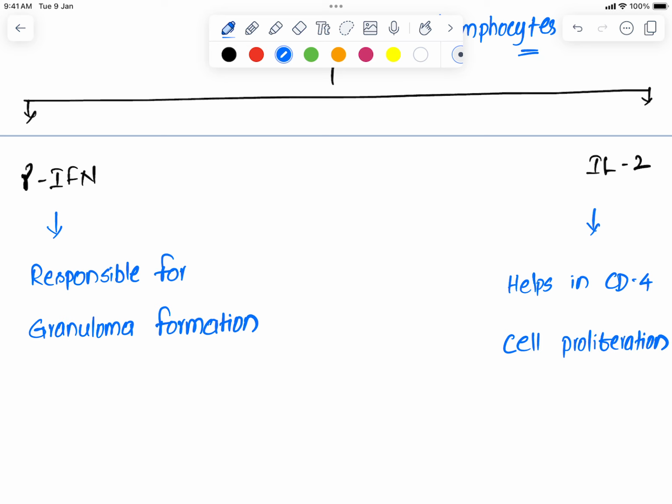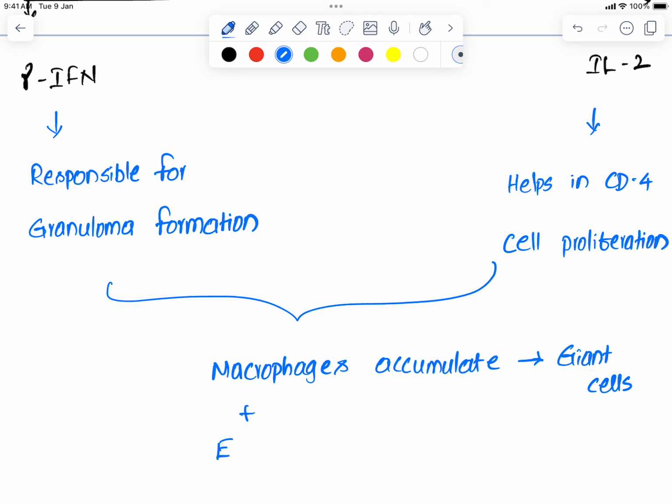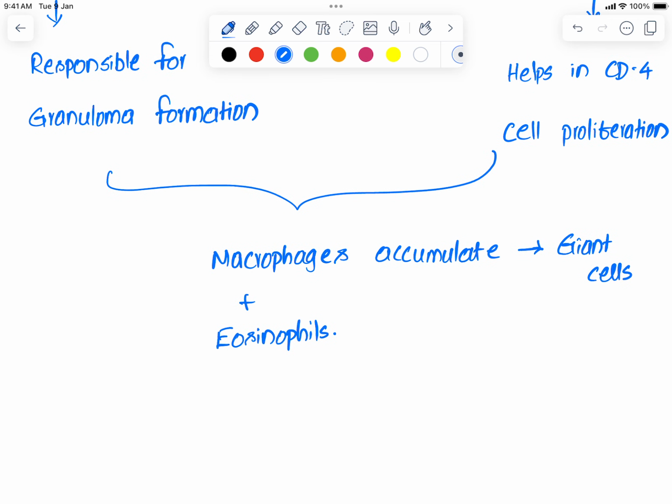Now, in response to these inflammatory mediators, the macrophages accumulate to form giant cells, and along with that, in the granuloma you also have the presence of eosinophils.